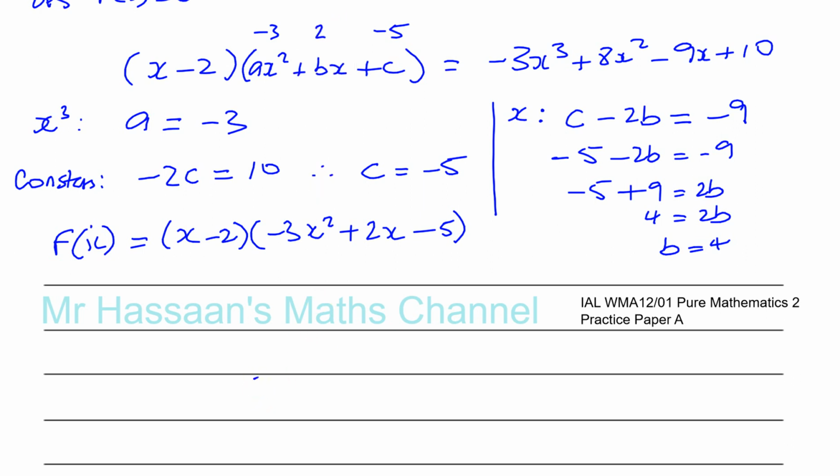So if I set it up, you're going to divide minus 3x cubed plus 8x squared minus 9x and plus 10 by x minus 2. Okay, that's what you're going to divide. Let me make that a bit neater. I'll just cheat.